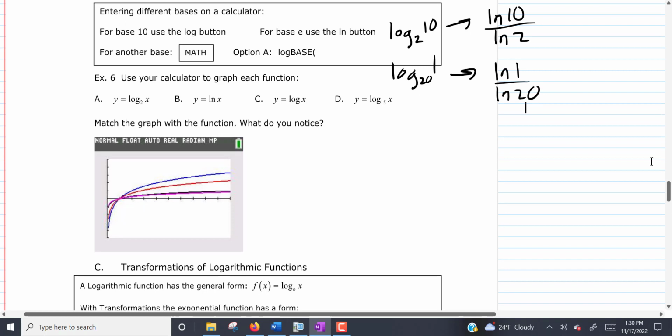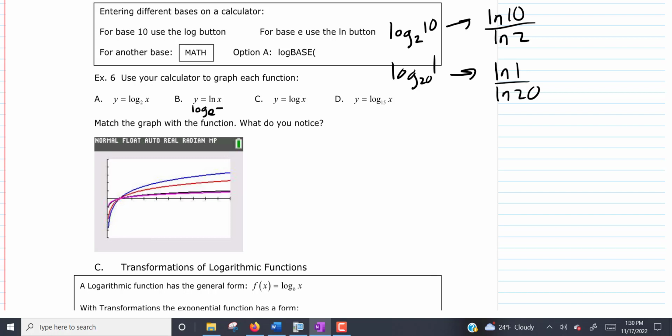Okay, so what we want to do on this problem, example 6, is use our calculator to figure this out. What I'm doing on these problems is looking at different bases. This is the graph of log base 2 of x. The next one is the graph of log base e of x, and remember, e is about 2.7.